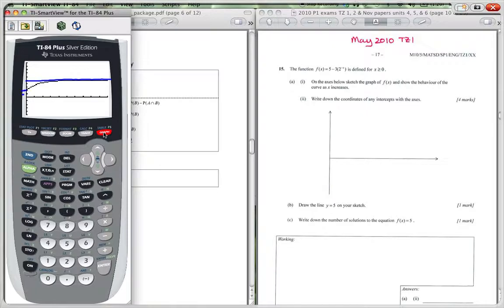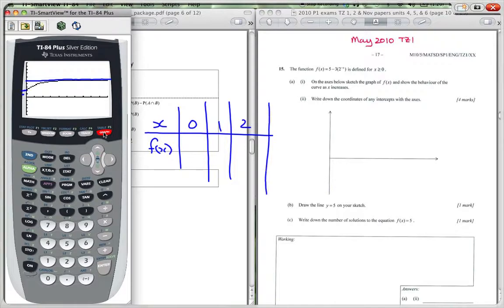Now, let's substitute some numbers. You would have x and f of x, and you can just substitute numbers in. We'll start off with 0, 1, 2, 3 and 5. You don't need too many numbers. When x is 0, f of 0 is equal to 5 minus 3 times 2 to the minus 0, or to the 0.